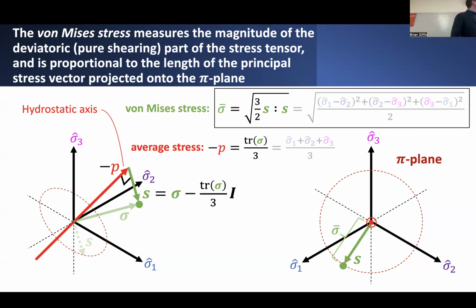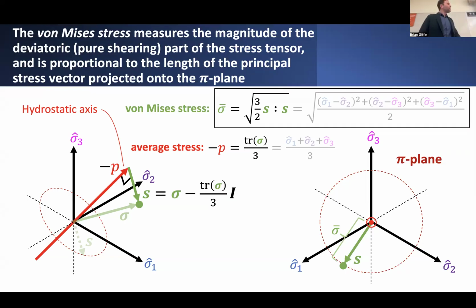That's the special property of this pi plane perspective on the principal stress coordinate system. It means that this so-called hydrostatic axis, the axis aligned with pure pressure states of stress in the material, points directly out of the page in the pi plane.